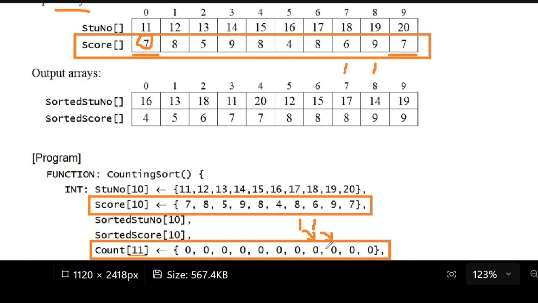Okay, and then we go through each of the scores until we reach the 9th, because once we reach 10 we stop, and because we find 7 again, here we have to do a +1, and this one would also be a +1.